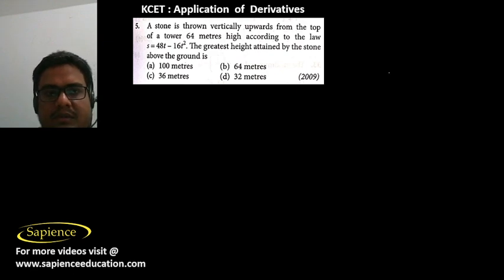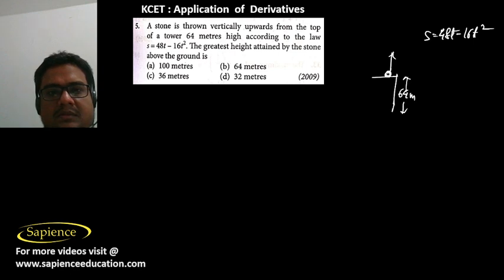A stone is thrown vertically upwards from the top of a tower that is 60 meters high. According to the law, s is equal to 38t minus 16t square. This is the displacement of the stone. So we need the greatest height attained by the stone above the ground.